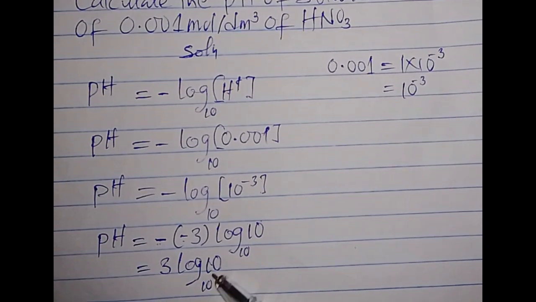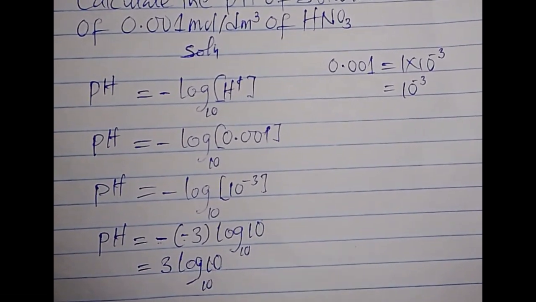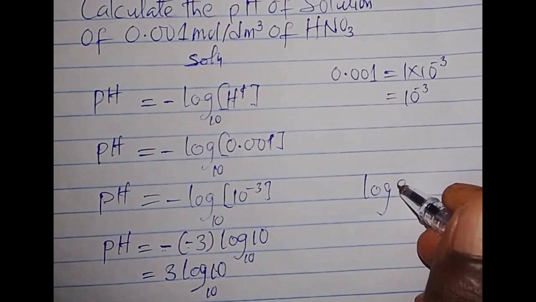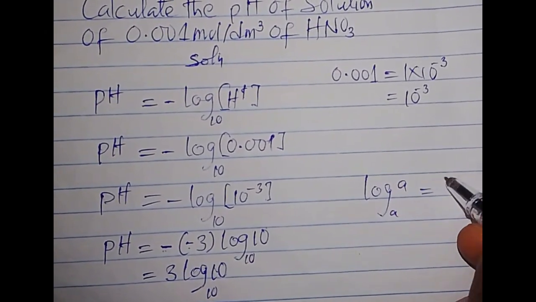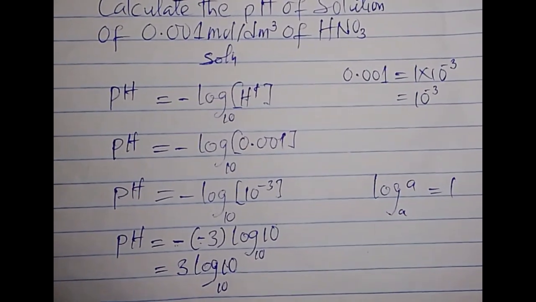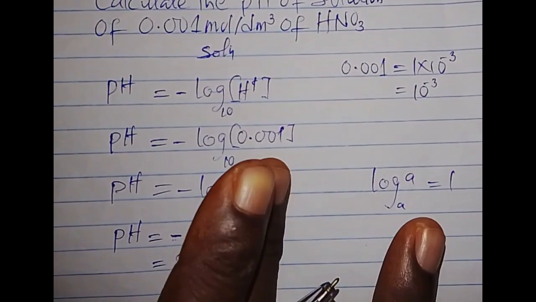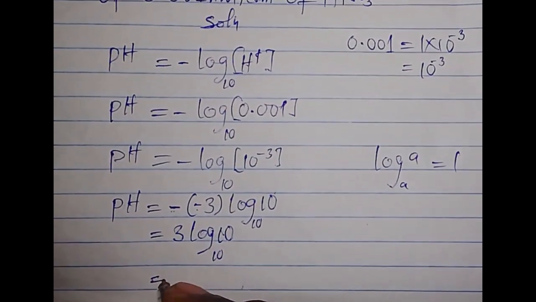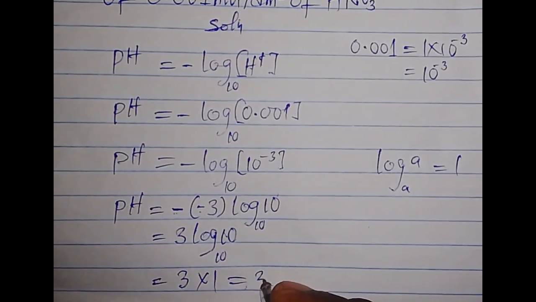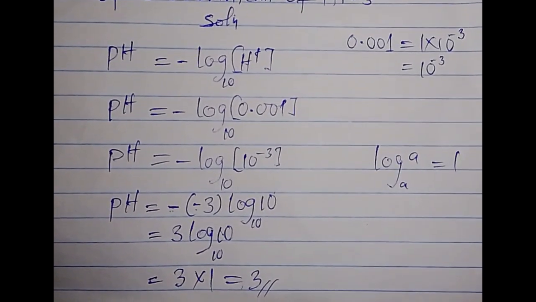The whole of this will boil down to 1 based on this property: if you have, for example, log a to base a, it is 1. Therefore, we now have 3 multiplied by 1, and this is equal to 3. So this is the pH of the given solution.